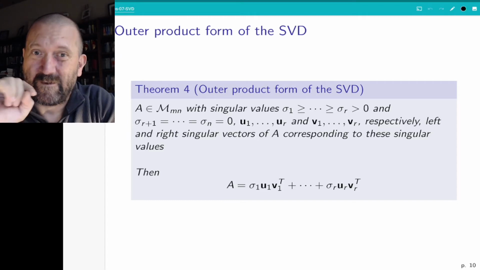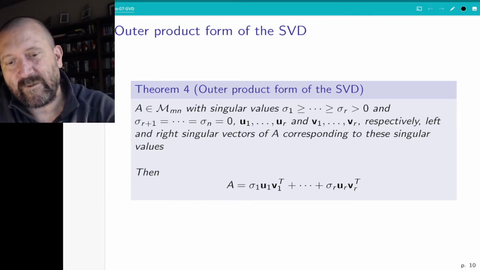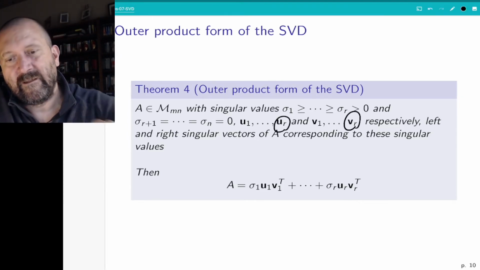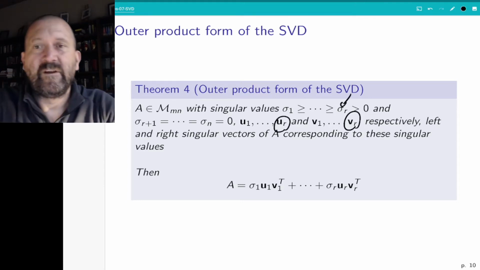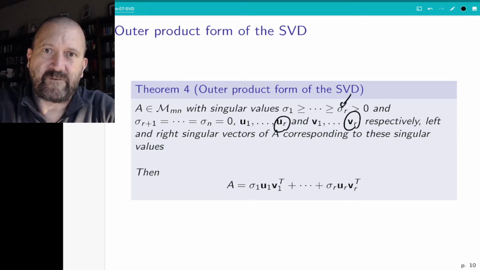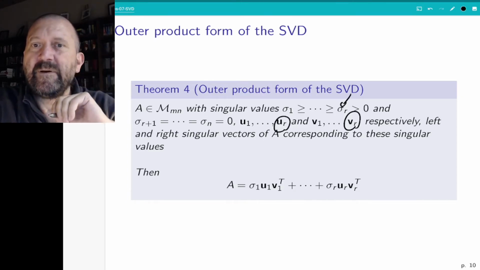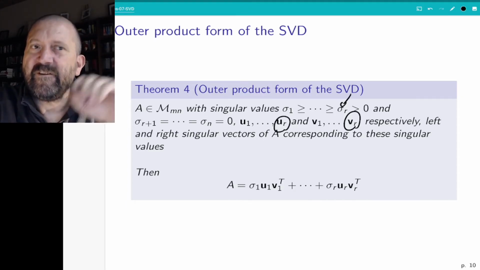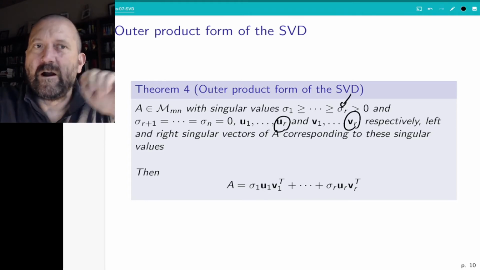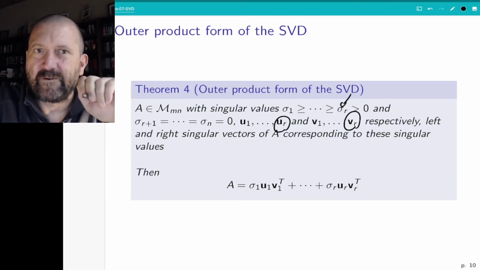Okay, look at this. You can see that I'm going all the way to u_r and v_r, and these correspond to this sigma r that is positive here. So I only keep the singular vectors that correspond to positive singular values.